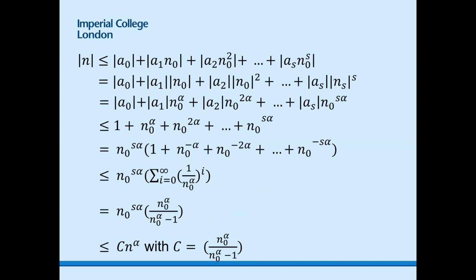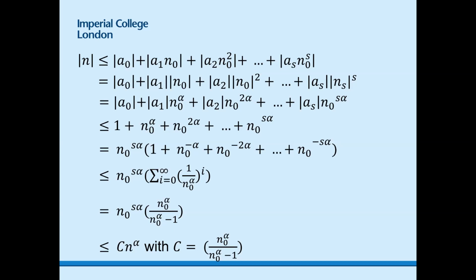So now we can think about the norm of n. The norm of n is less than or equal to this by using the triangle inequality. And the second line, just by using axiom 2 in our definition of absolute values. Because the norm of n naught is equal to n naught to the power of alpha, we substitute it back. And we know that for every ai, the norm of ai is less than or equal to 1. So it is less than or equal to 1 plus this.